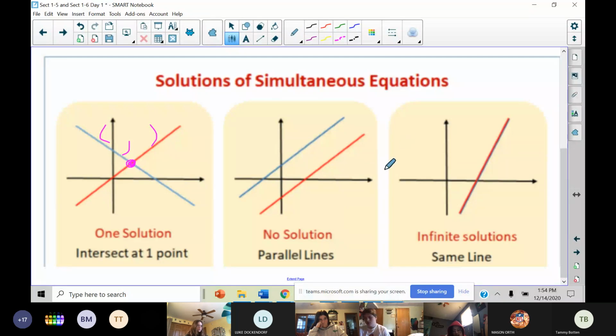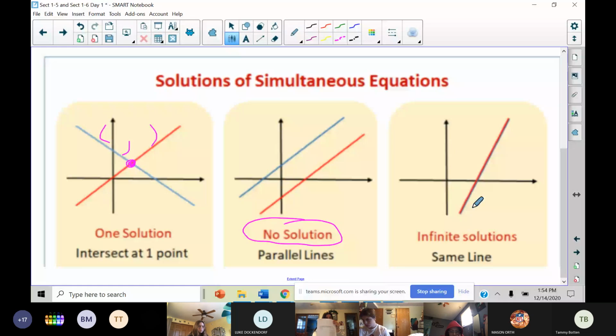Okay. Another option you'd have today is you could have two parallel lines. And from geometry, you know that parallel lines never intersect. So the intersection is the answer or the solution. So if they don't intersect, then you have no solution.